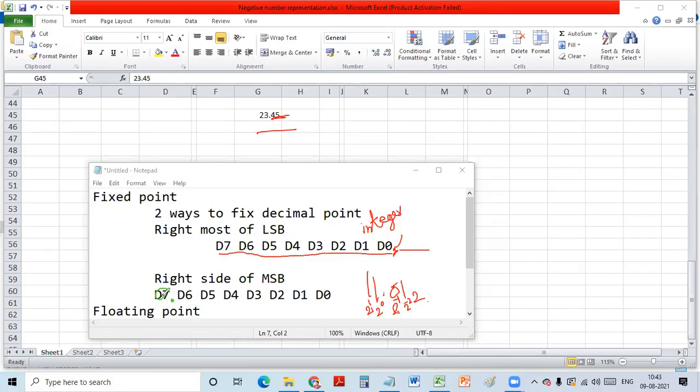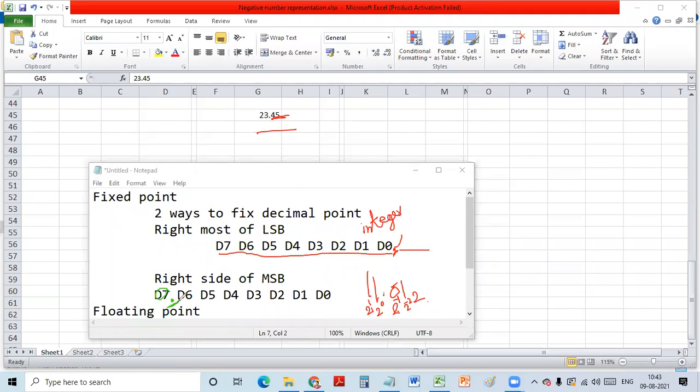Usually the most significant bit is used for representing the sign, so it is not considered till the end. Here my decimal point is available and it is fixed at this position.